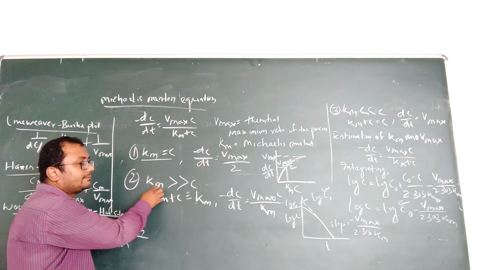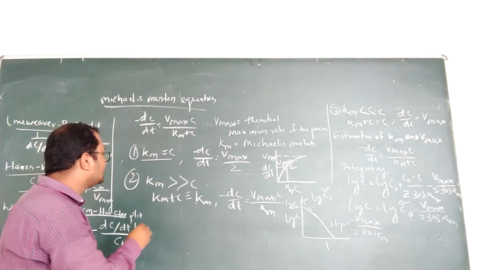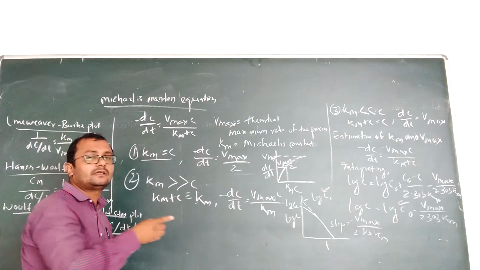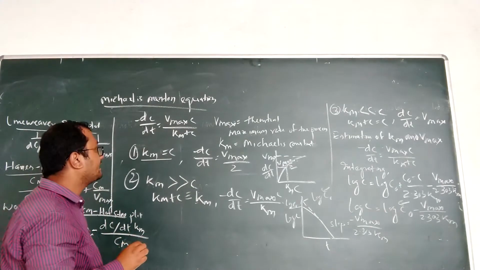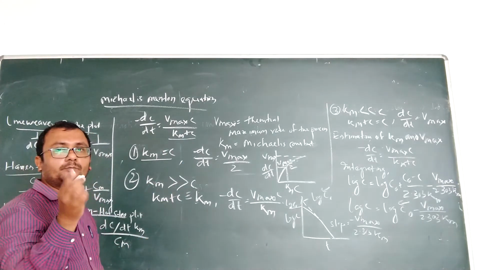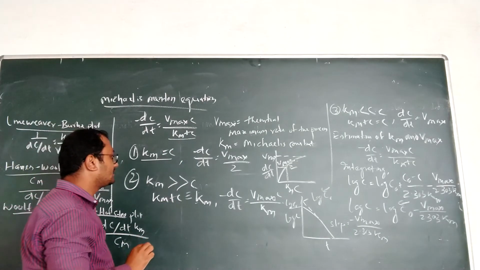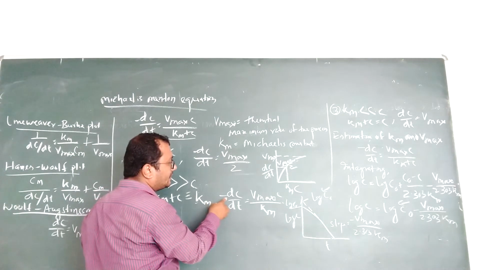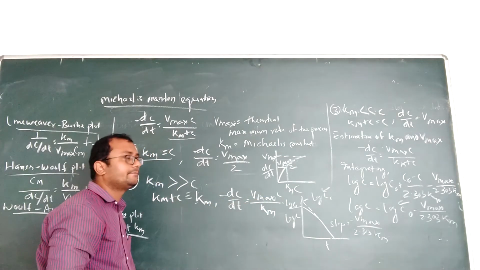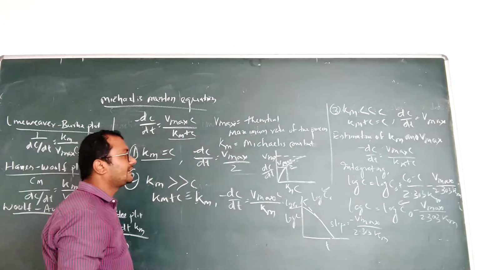Because Km is far greater than C, the total value is considered as Km. The equation is converted to minus dC by dt equals Vmax divided by Km, because the C value is neglected.